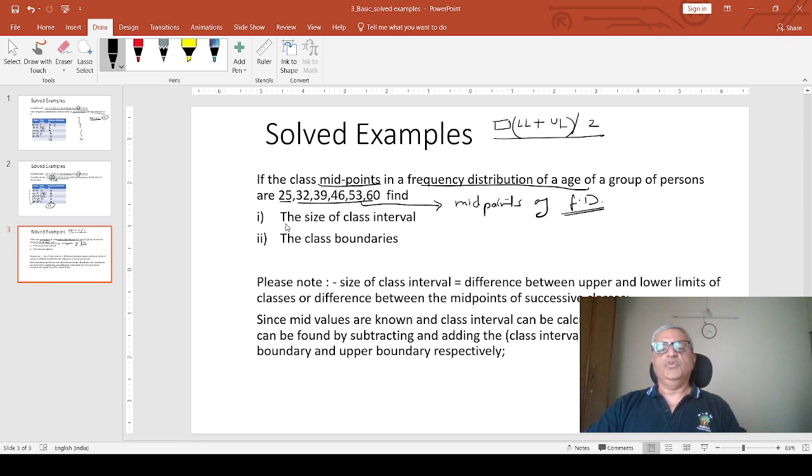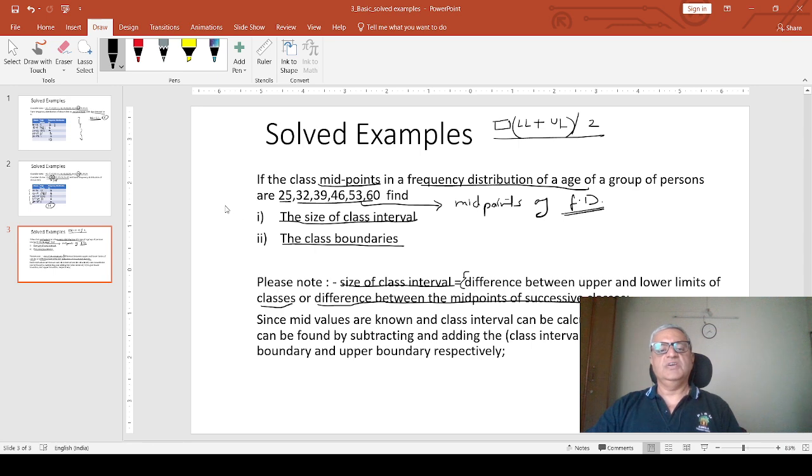What you are expected to find is the size of the class interval and the class boundaries. So let's see how the size of class interval can be found. Size of class interval is the difference between upper and lower limits of the classes, or it is also the difference between midpoints of successive classes.